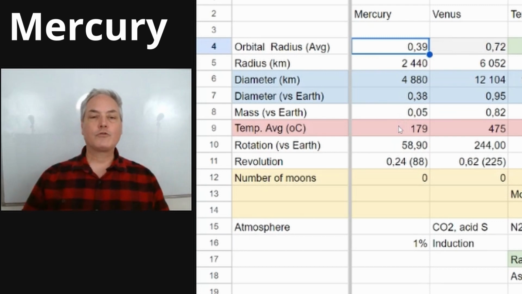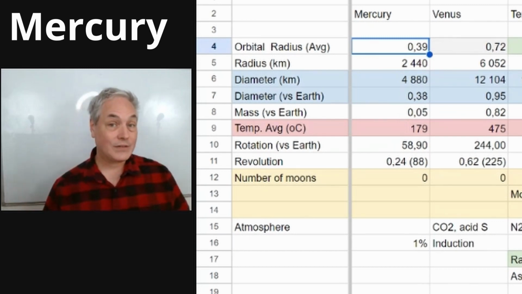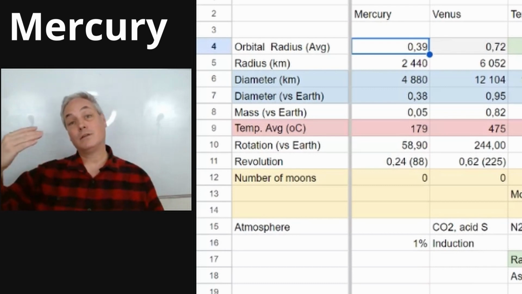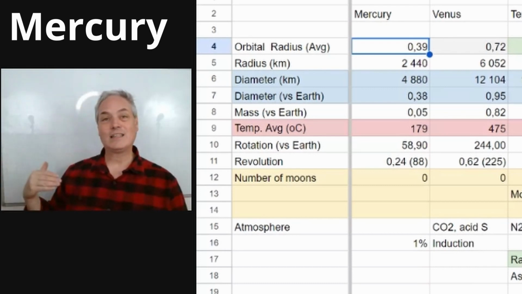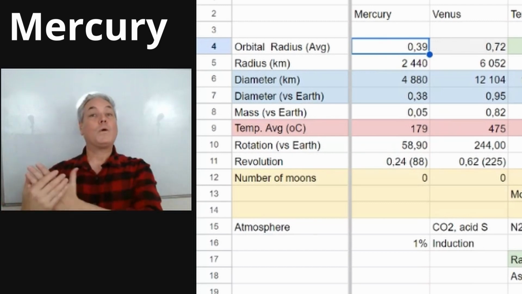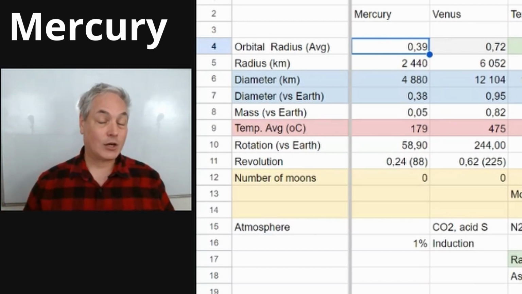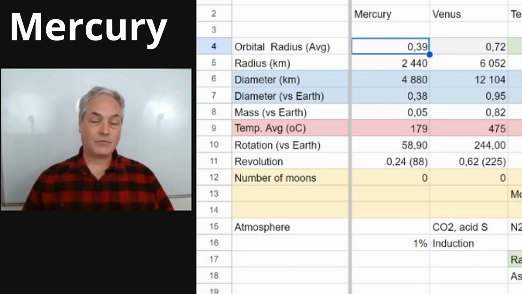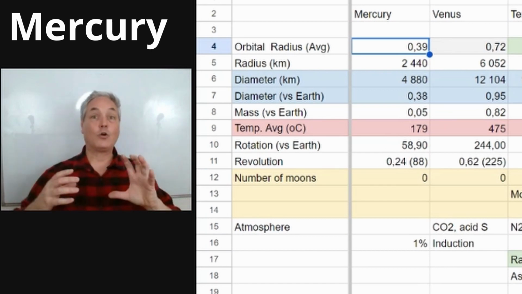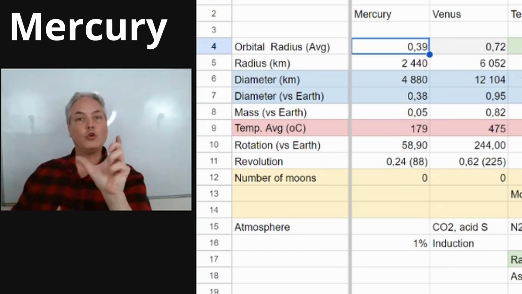We know that the average temperature is 179 degrees, so that means that it's very hot. Keeping in mind that when the surface is facing the sun, it's very, very hot. When the face is away from the sun, it's very, very cold because there's no atmosphere keeping the heat together. For the rotation, it takes about 58 Earth days to do a full rotation.